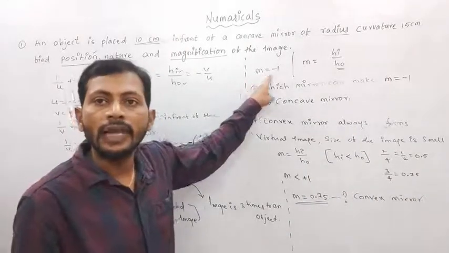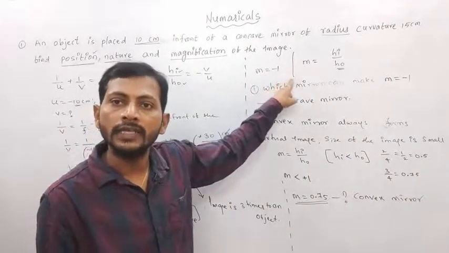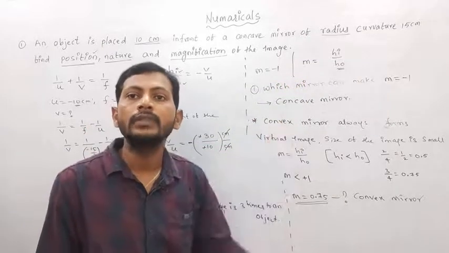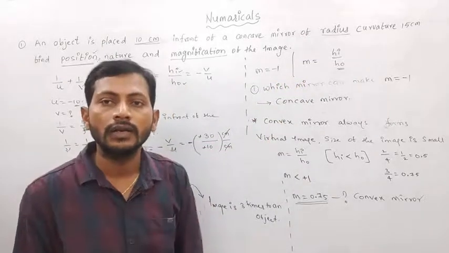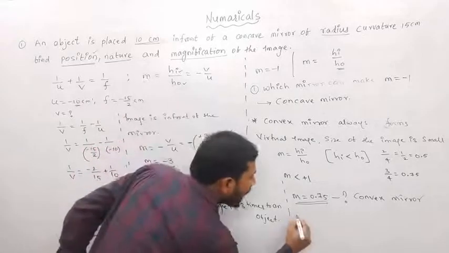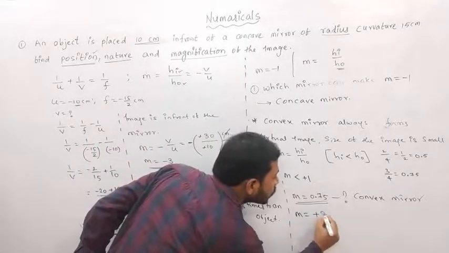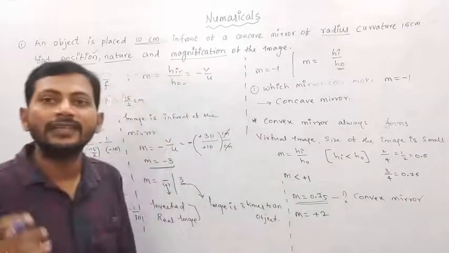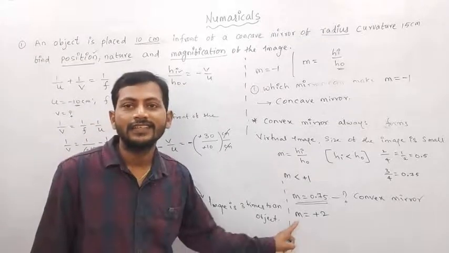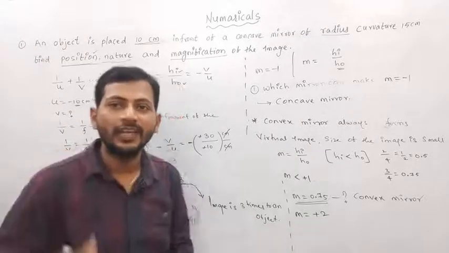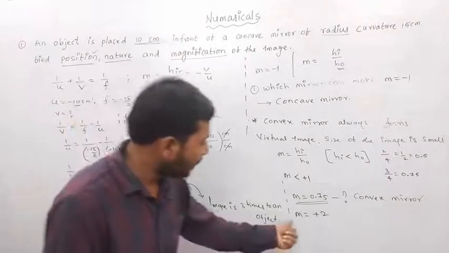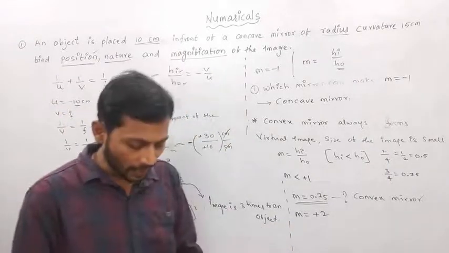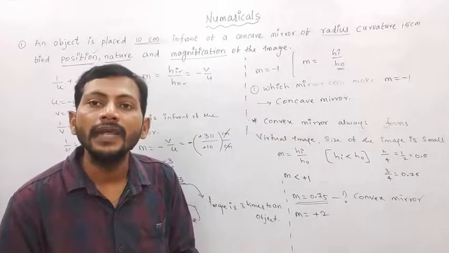Magnification is -1, -2, -3, -4, -k. That is the concave mirror, sir. For example, magnification is +2, a little bit higher level of question. M equal to +2. What does M equals +2 mean?